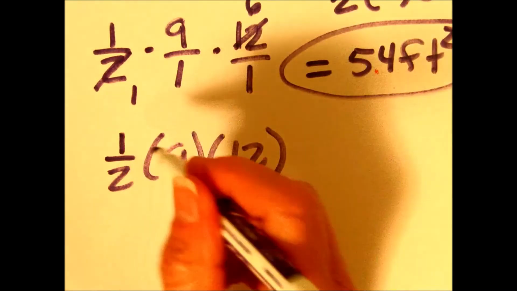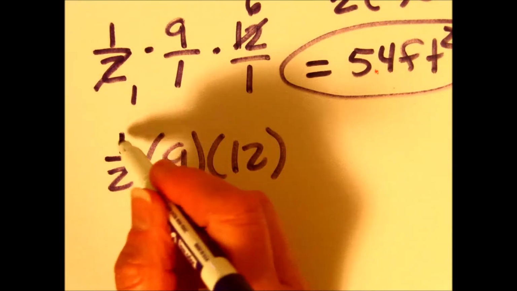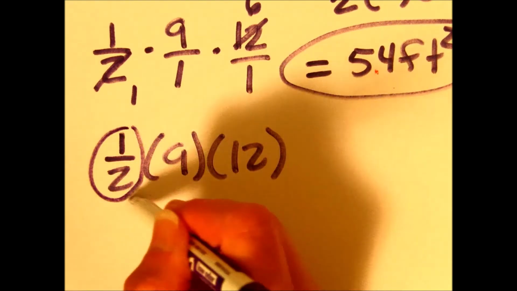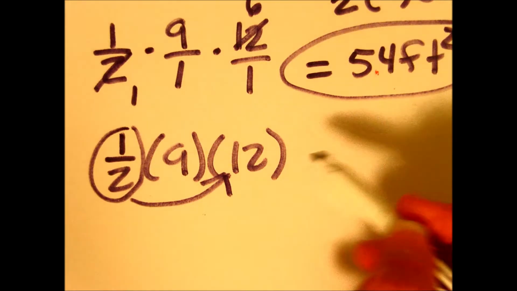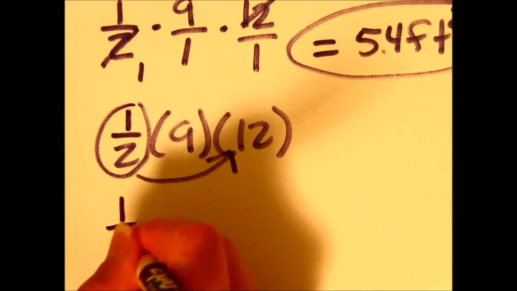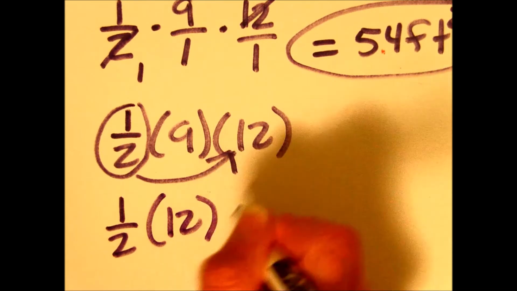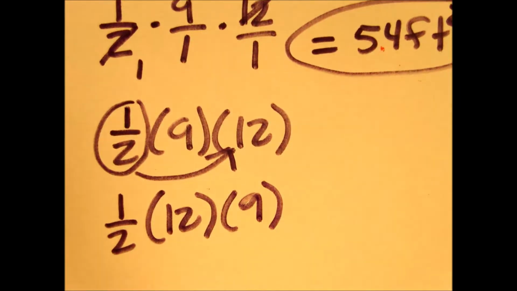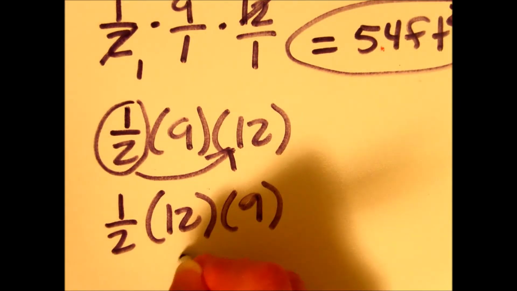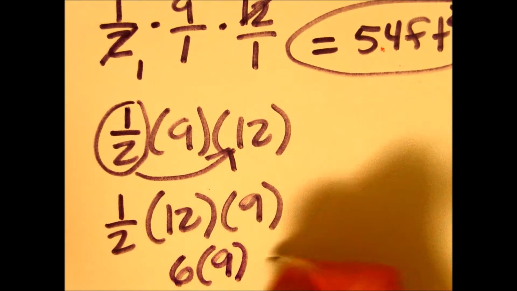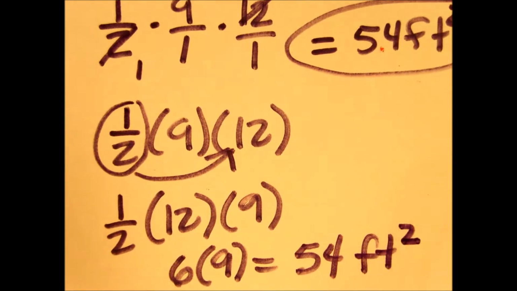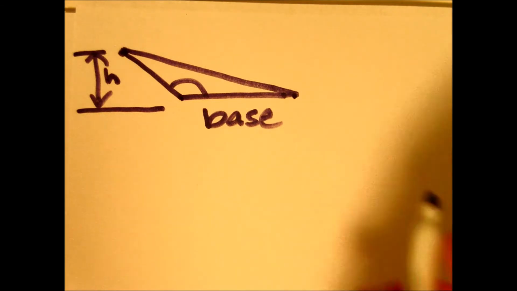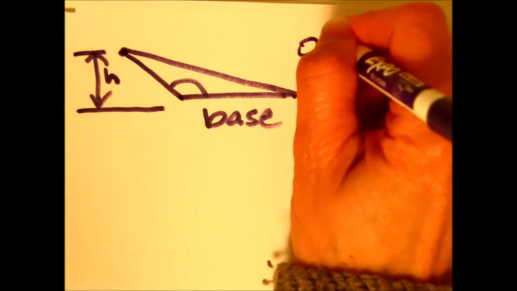It's really easy for me and a lot of people to take 1/2 of an even number versus an odd number. So we can switch those around in our mind, and we're going to get the same answer. 1/2 of 12 is 6. 6 times 9 is 54. So 54 feet squared.